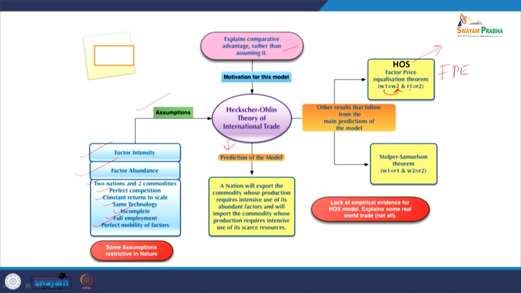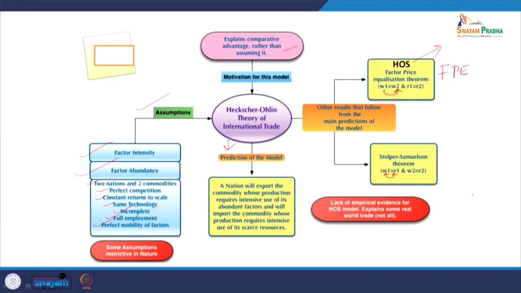Similarly, the rent of one country should be equalized with country 2. Another addition to the HOS theory is the Stolper-Samuelson theorem, which says that it is not just wages across the sectors; their remuneration is also equalized. Wage is equalized with rent, and wage rate in another industry is also equalized with rent in another industry.